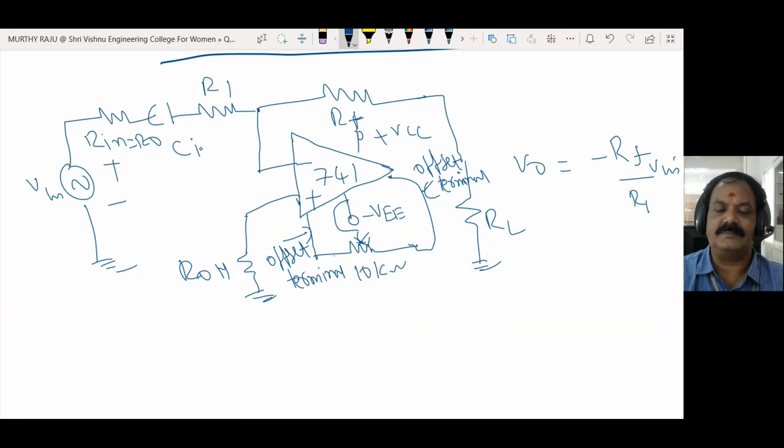We use the coupling capacitor. The coupling capacitor plays an important role here.